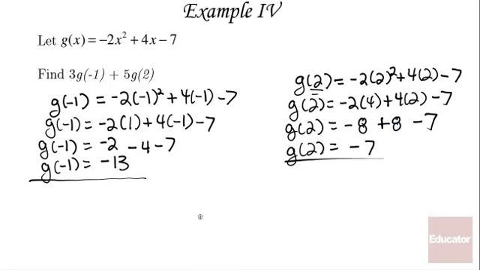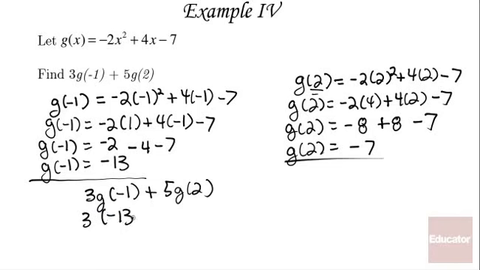Okay, I'm getting to the end. So I have g of -1 and I have g of 2. So I'm going to go back to this expression that I'm being asked to find, and it's 3g of -1 plus 5g of 2. Now I can substitute in for g of -1, I'm going to substitute in -13.